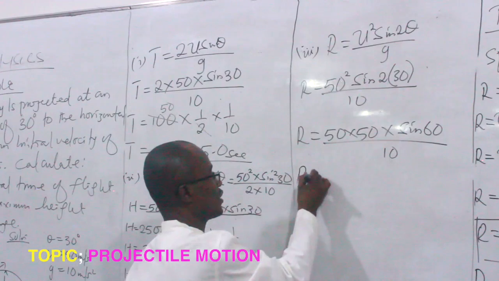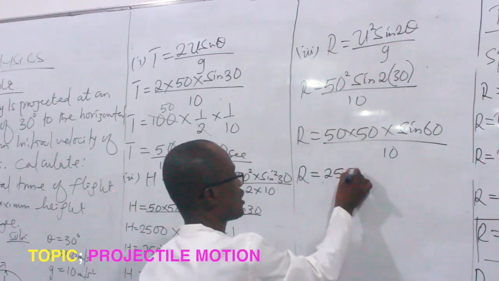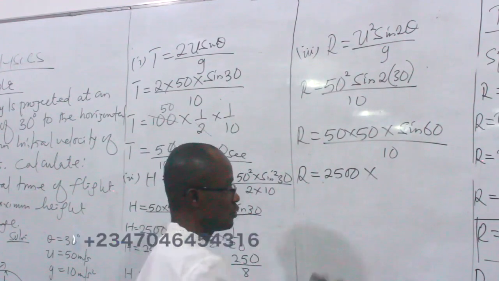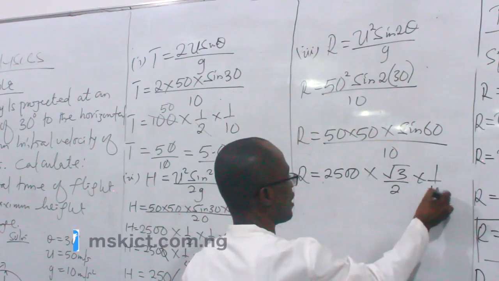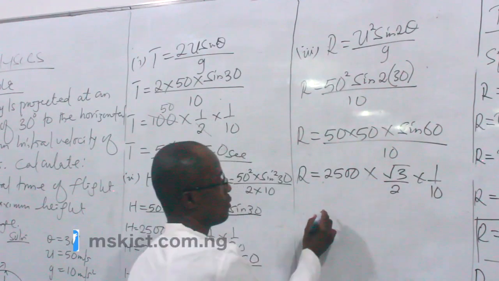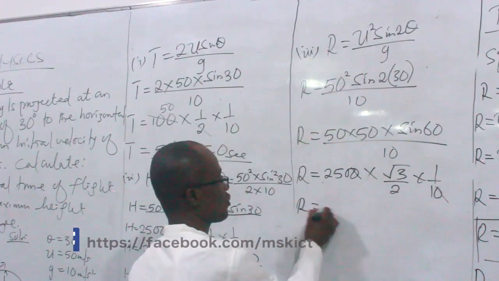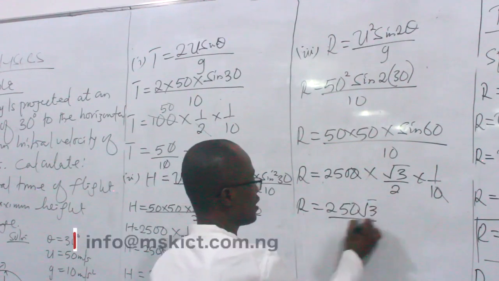So we have here that the range will then be equal to 5 times 5 is 25, then double 0 multiplied by sine 60, which is root 3 over 2 by special triangle, divided by 10. So here we expect to have this, we cancel this. We have the range equal to 250 root 3 over 2.